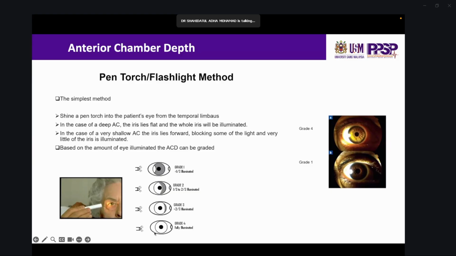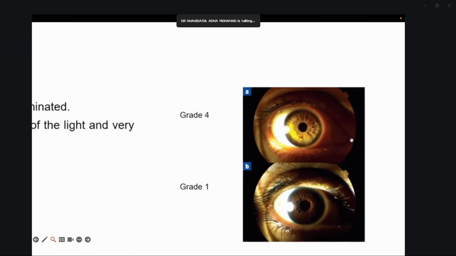The basic rule is that if the eye is fully illuminated with this temporal illumination, it means the angle, the anterior chamber, is open. Whereas if the light is only partially, very minimally, illuminating the anterior chamber, as shown here in the picture, it is grade 1.